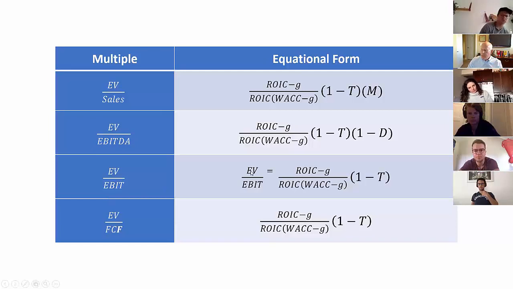And EV/EBIT is the same thing as (ROIC minus G) divided by ROIC, times (WACC minus G), times (1 minus T). Now, I'm going to give you a challenge, and that is to try to figure out between now and Wednesday how this EV divided by EBIT could possibly be equal to this.